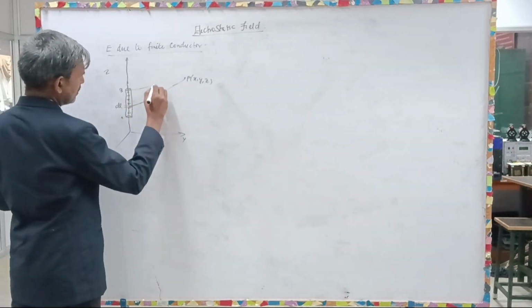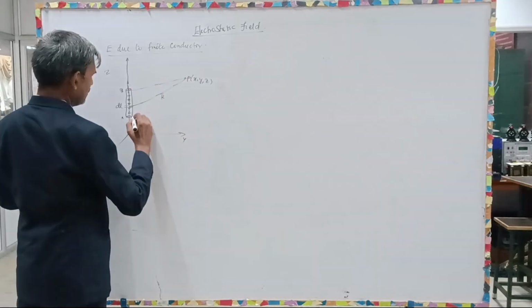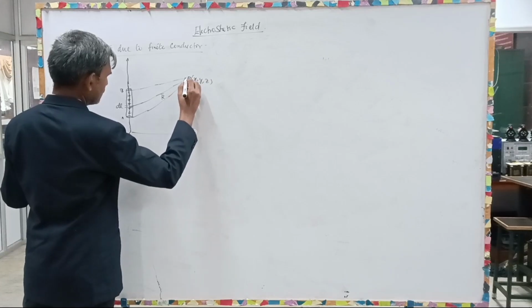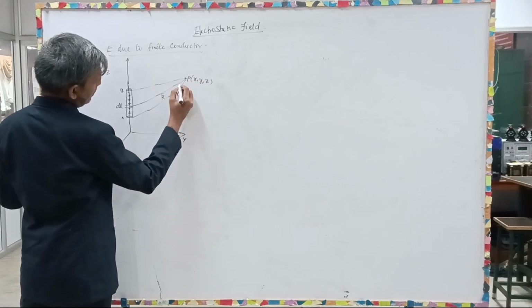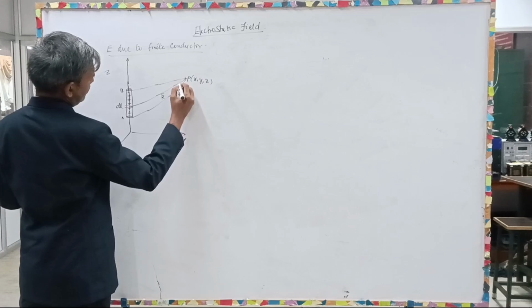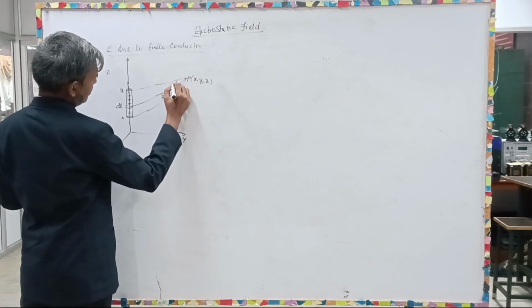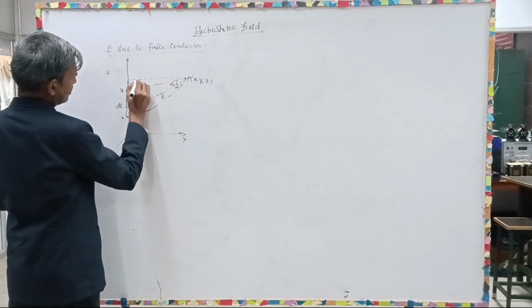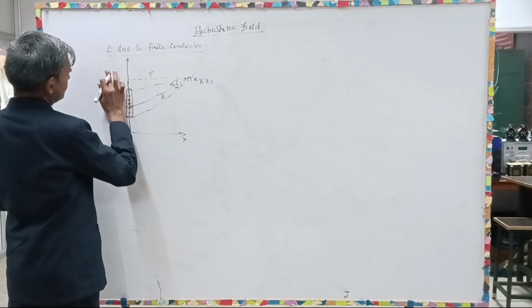The starting of the conductor and the ending of the conductor will be alpha 1 and alpha 2, and the perpendicular line is taken.